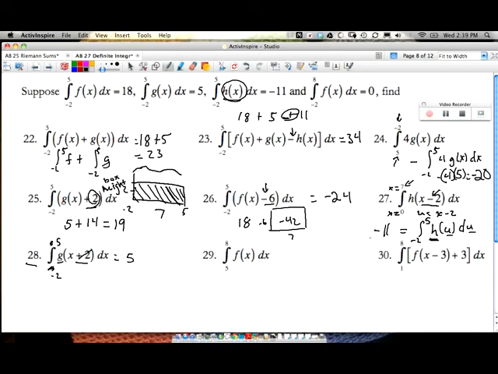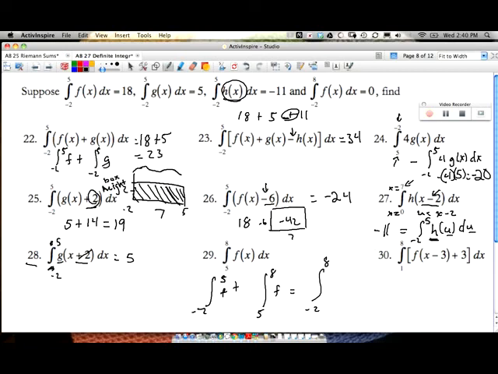The last couple here, and this is a pretty big deal, we're looking at 5 to 8 of f of x. Well, we don't know what the integral from 5 to 8 is, but we do know that the integral from negative 2 to 5 plus the integral from 5 to 8 of f is going to equal the total integral from negative 2 to 8.